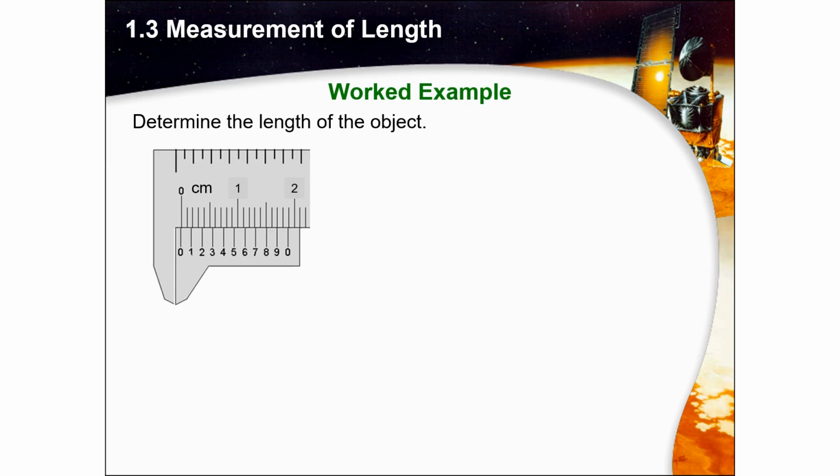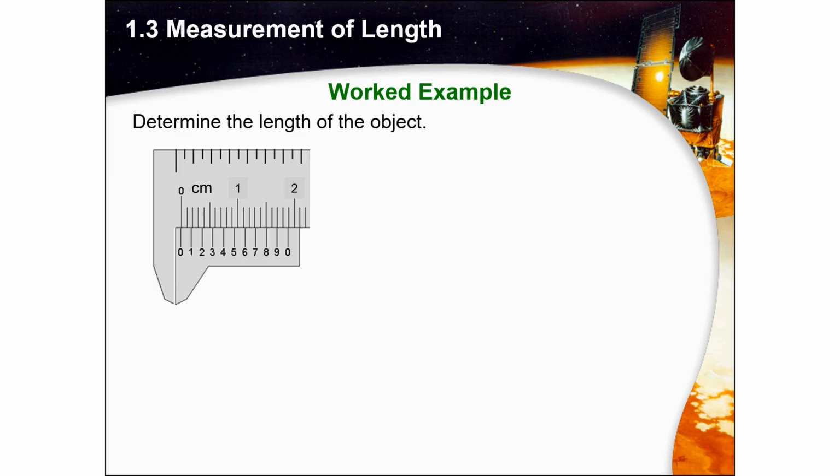Because it is negative zero error, we have to count from the right side, from the 0 at the right side. Then we see which mark first coincides with the main scale on the top. We see that it is number 9. So 0 to 9, there is only one step. So we have a negative zero error of minus 0.01.